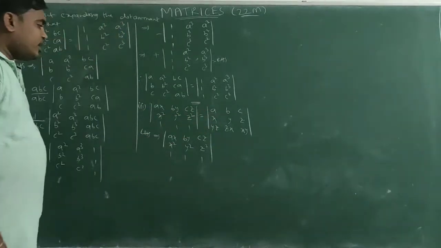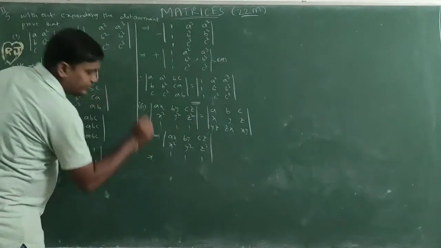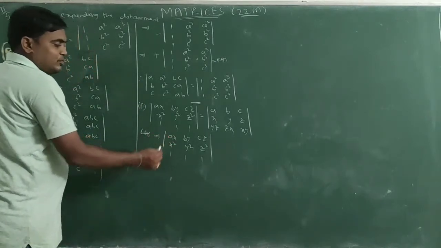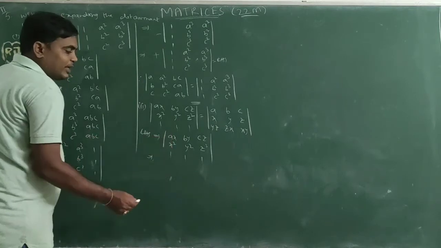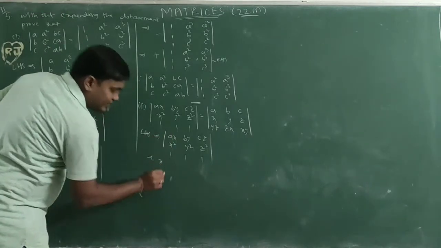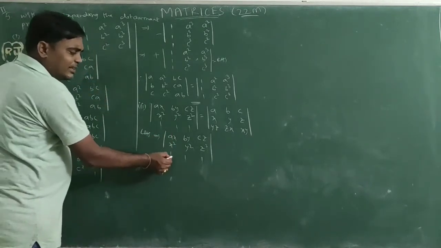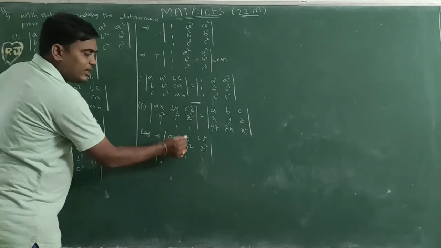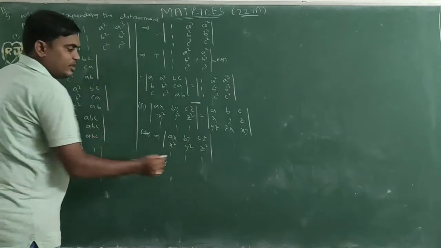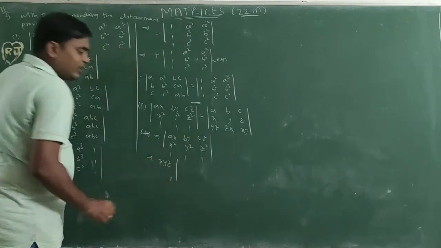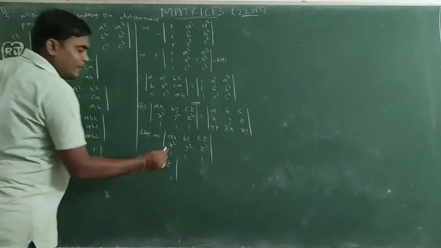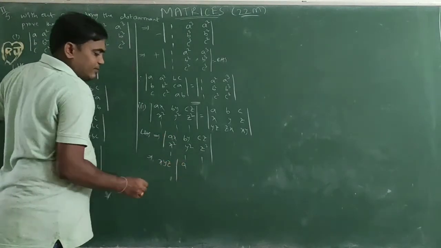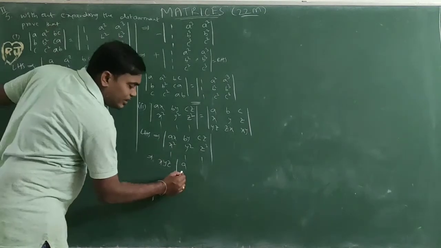So what I am doing is taking x common in the first column. I will explain how I am taking it common. In the second column I am taking y, and in the third column I am taking z. If we take x common, we get A. In the second row, x square, taking x common gives x.